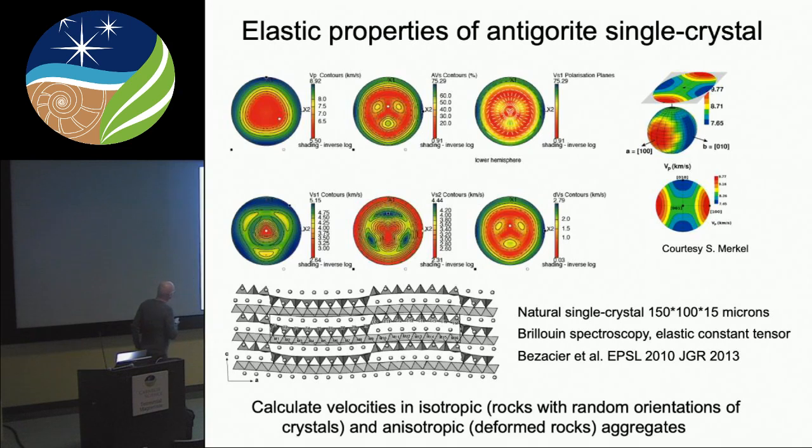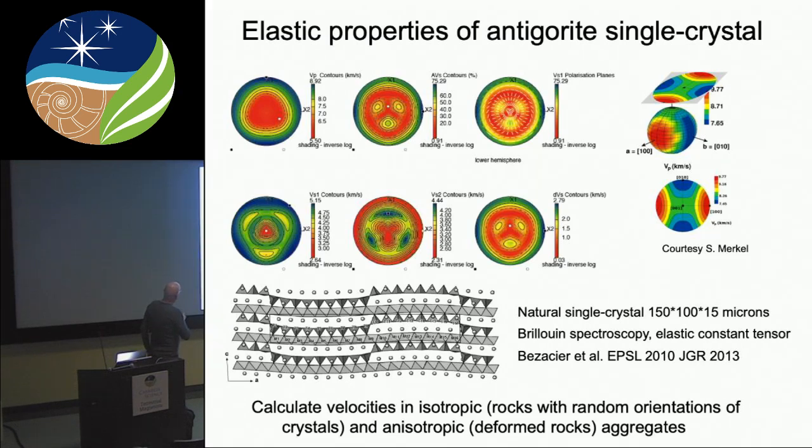So on these plots, at the center is the axis that is perpendicular to this layer structure. So you can see that this is where we get the hottest colors, these red colors, which correspond in that case to the lowest velocities.